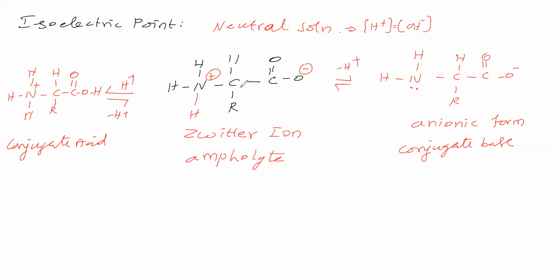So in the neutral solution, such an equilibrium is possible. In the equilibrium, this conjugate acid will be there, this zwitterion will be there, and this anionic form will be there.